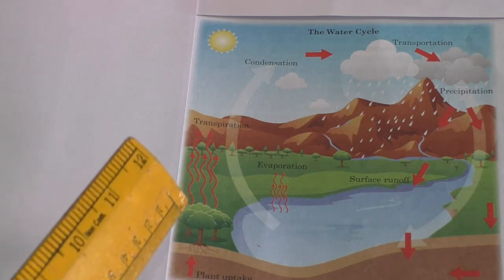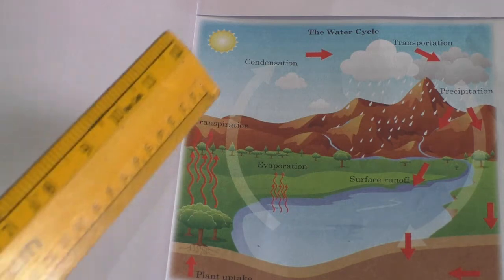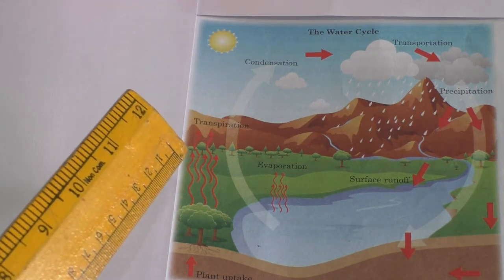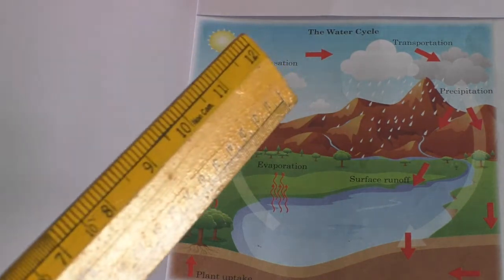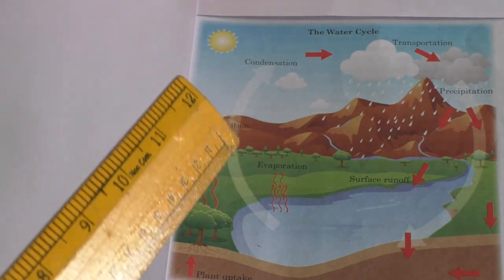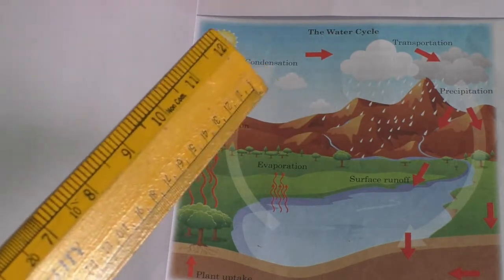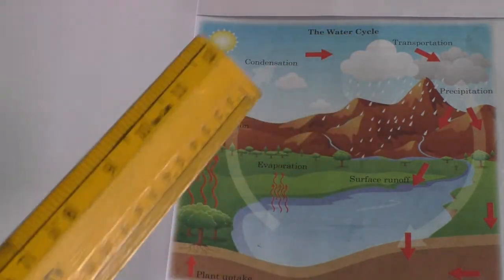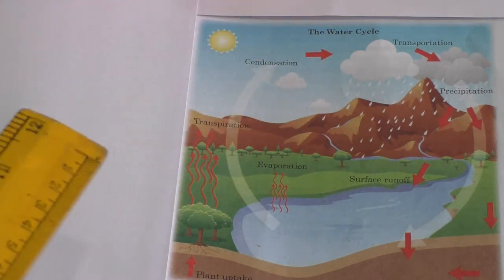The water is getting evaporated and it is reaching the clouds. Clear? So this is the water cycle. It's a cyclic process. It will continue by evaporation, condensation and precipitation.